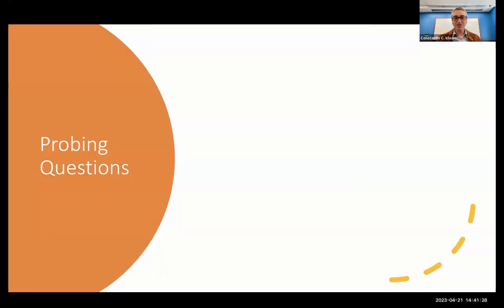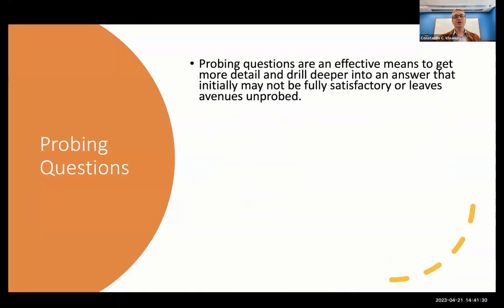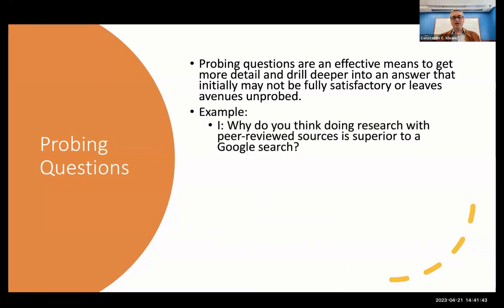You can ask probing questions, which are the follow-up questions or asking for details, right? Probing questions are an effective means to get more detail and drill deeper into an answer that initially may not be fully satisfactory or leaves avenues unprobed. For example, the instructor asks, why do you think doing research with peer-reviewed sources is superior to Google search? Student: peer-reviewed sources are more detailed, right?